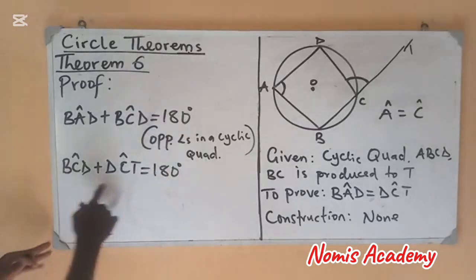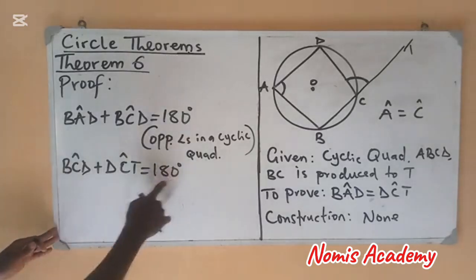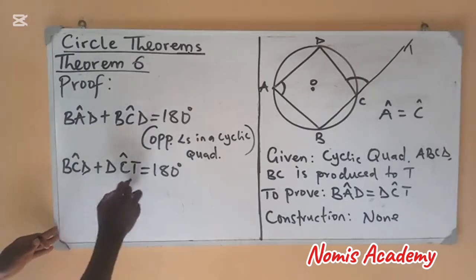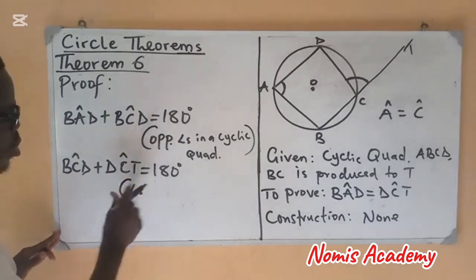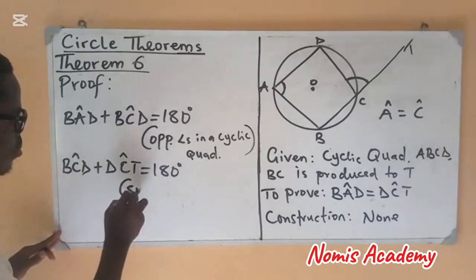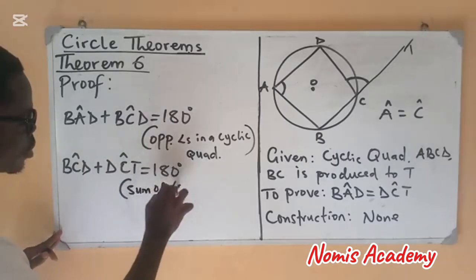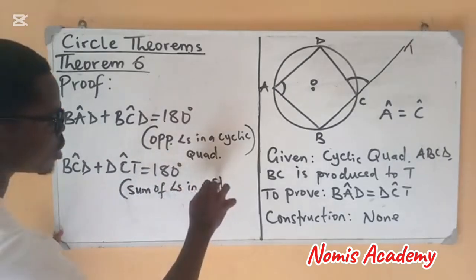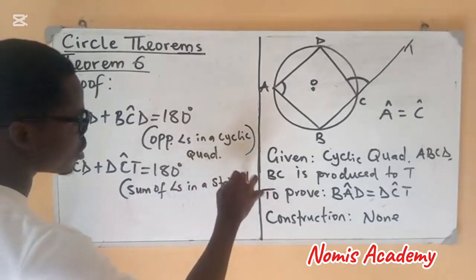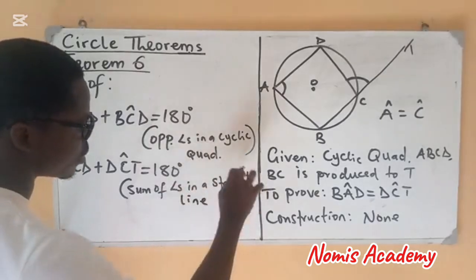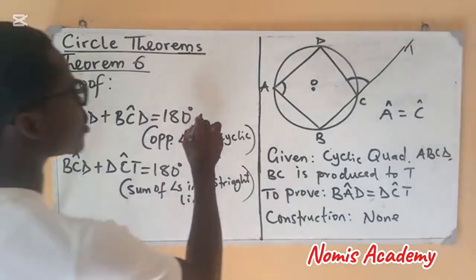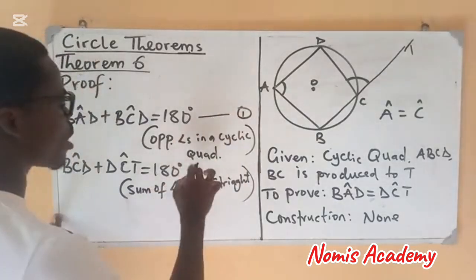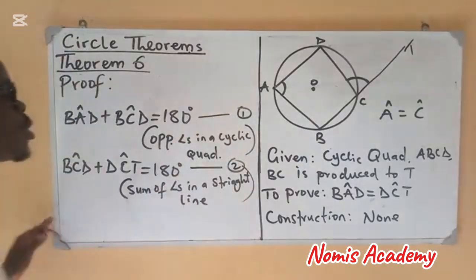And the idea behind this is angles, or sum of angles in a straight line. Okay, sum of angles in a straight line. So let's call this equation 1, the first equation 1, and the second equation 2.